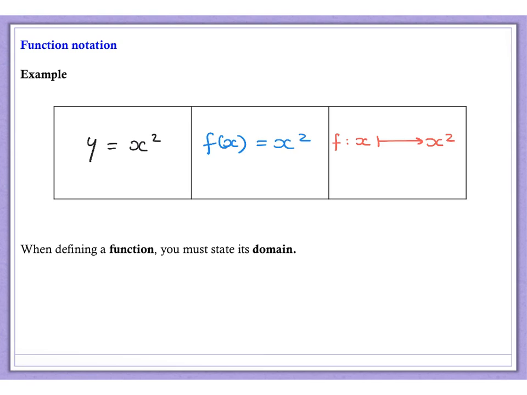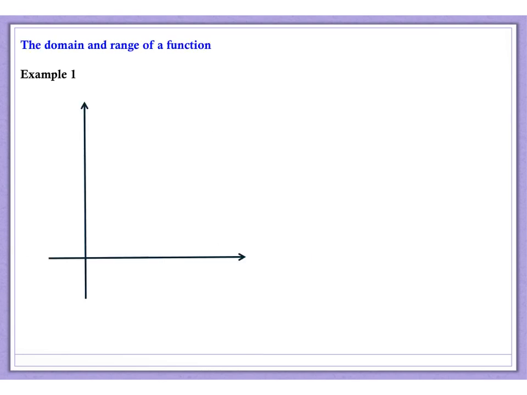Now, when we define a function, we must provide some information on something called the domain of that function. Let's have a look at an example. I'm going to define the function f of x equals 2x plus 1. The domain tells me the set of possible x values that can be inputted into the function.